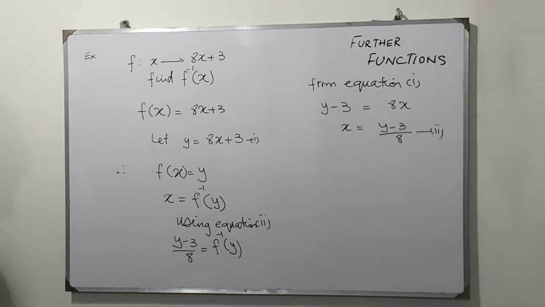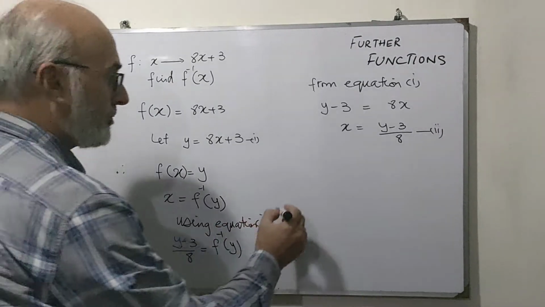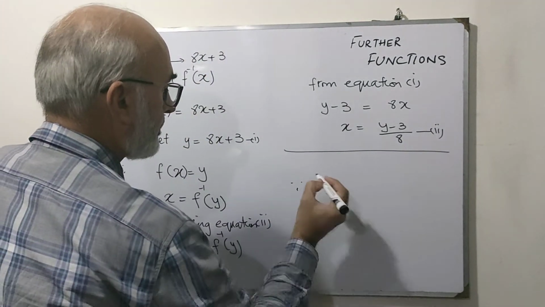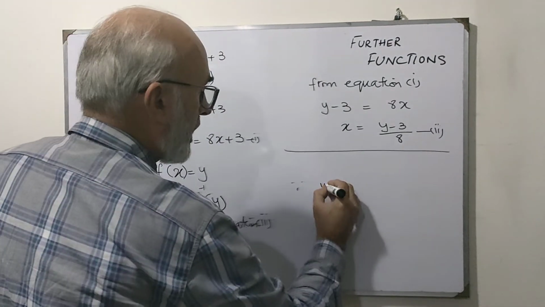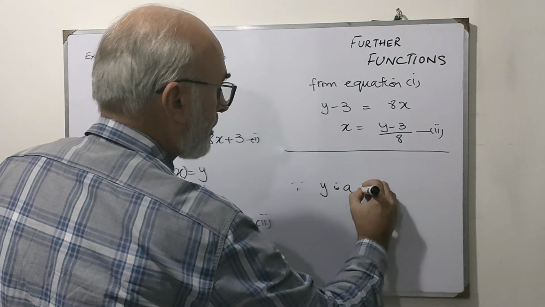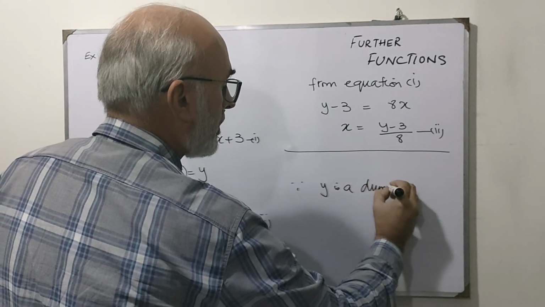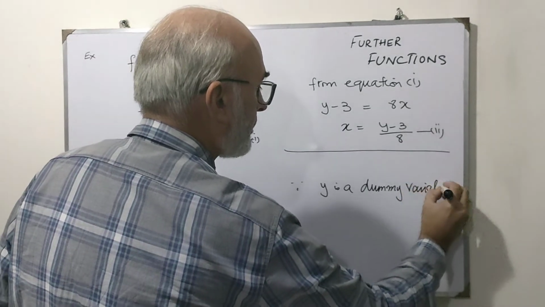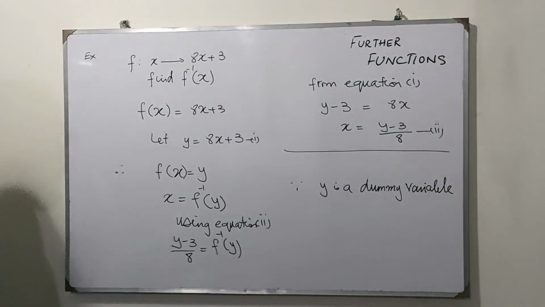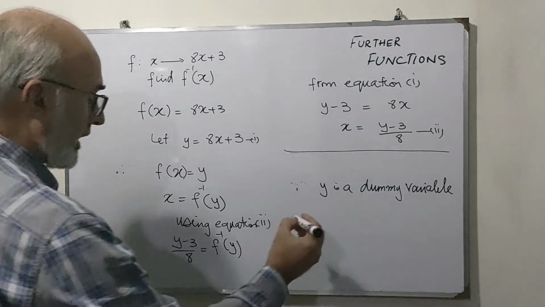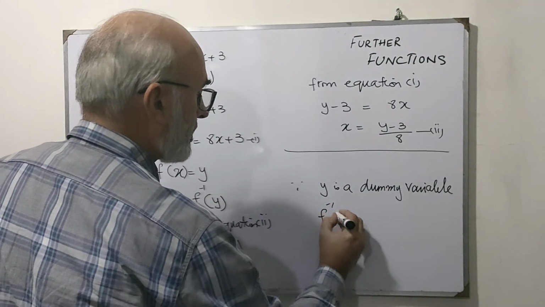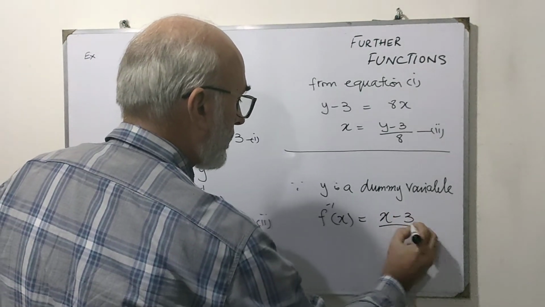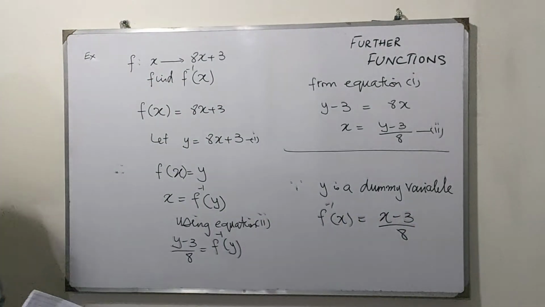Now since y is a dummy variable, it could be any variable, right? So I can write it like this: f inverse x is equal to (x minus 3) over 8. So this is the inverse value.